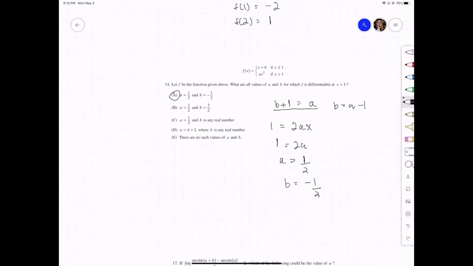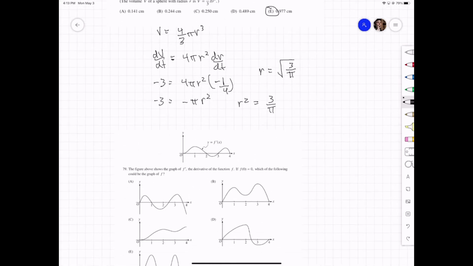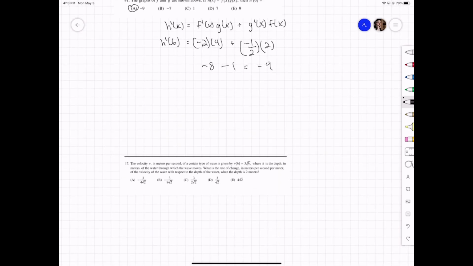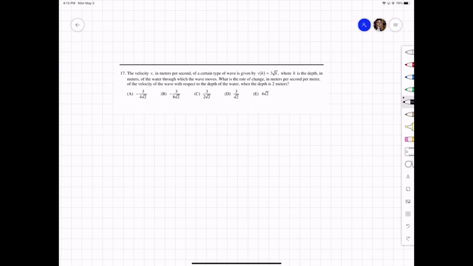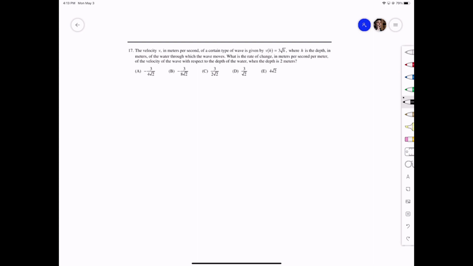Okay. So yeah, this one was A. Okay, so the velocity of a certain type of wave is given by v of h equals 3 square root of h, where h is the depth. What is the rate of change of the velocity with respect to the depth when the depth is 2 meters? This is just a derivative.